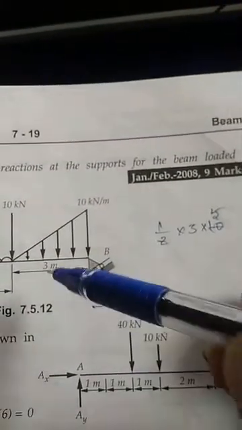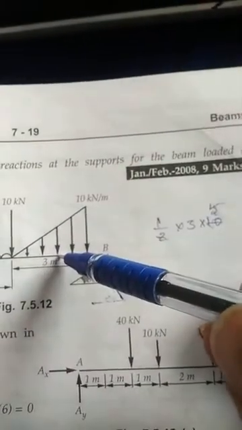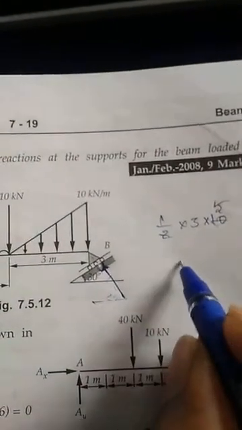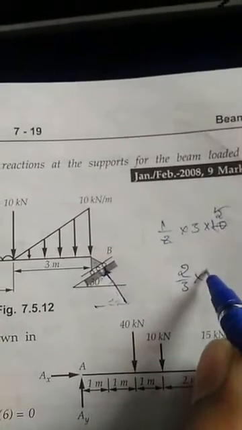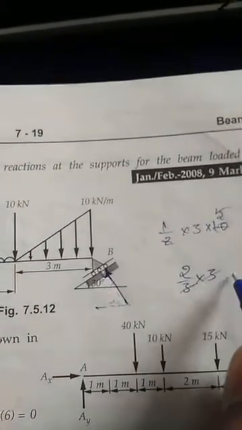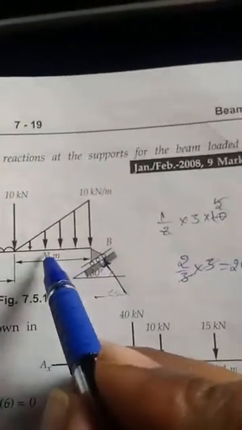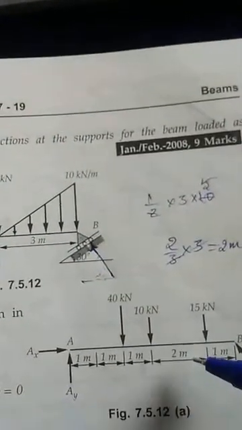It will come exactly at 2 meter. If you don't know how to do it, you take 2/3 into 3, so the 3 gets cancelled, and it will be acting at 2 meter from this end. That's what I have taken, 2 meter.